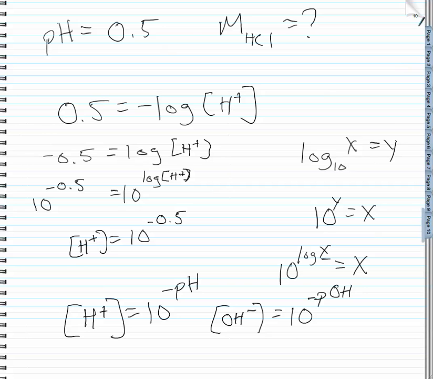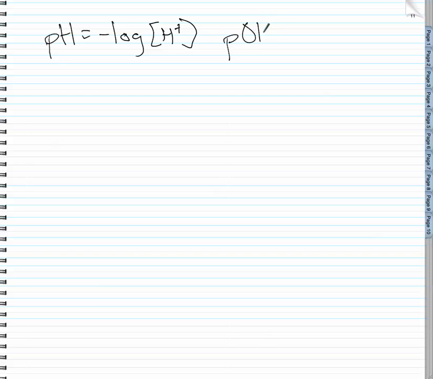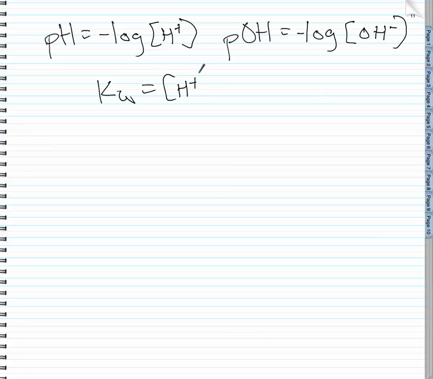So kind of in review here, some of the equations we have to work with. For pH, that's going to be equal to negative log concentration H+, pOH is negative log concentration OH minus, Kw is equal to H+ times OH minus, which Kw is also 1 times 10 to the negative 14th.